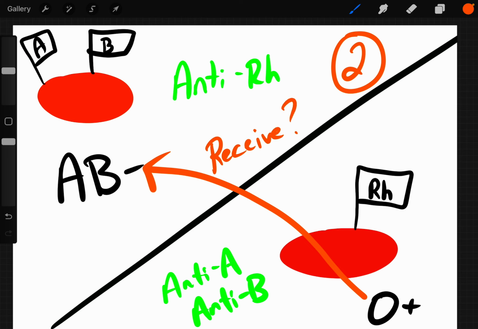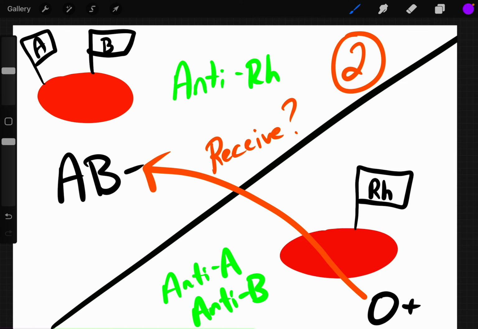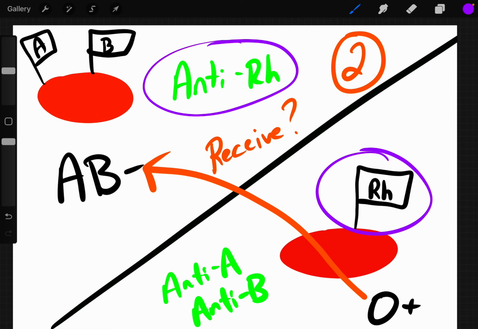Once again, we're going to compare the antigens on the surface of the cell that's trying to go in to the other side, and we're going to compare it to the antibodies here.